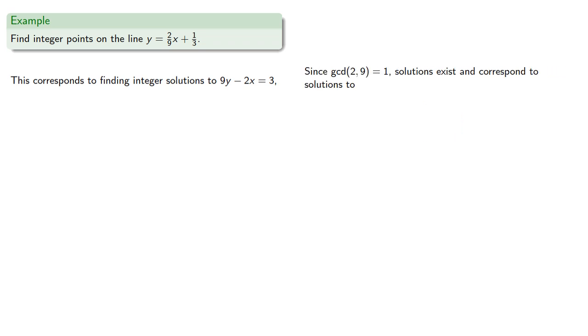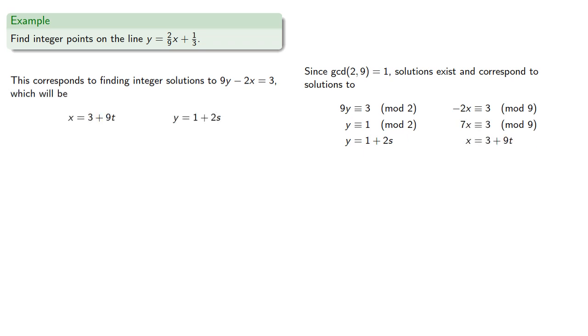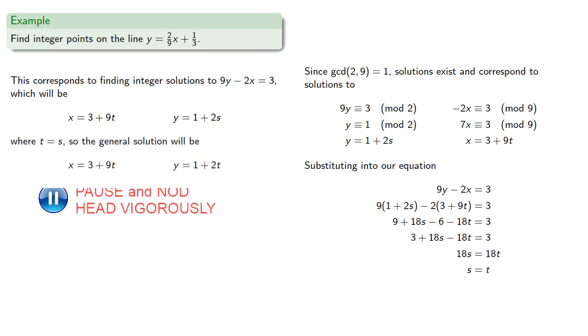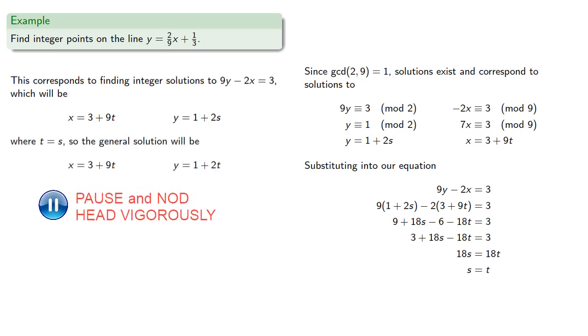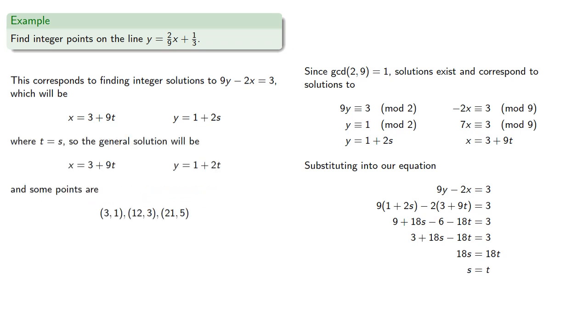Since the greatest common divisor of 2 and 9 is 1, solutions will exist, and they'll correspond to the solutions to the congruences, which are as shown. We need to find the relationship between s and t, so we'll substitute those into our equation, and we find the relationship and some points.